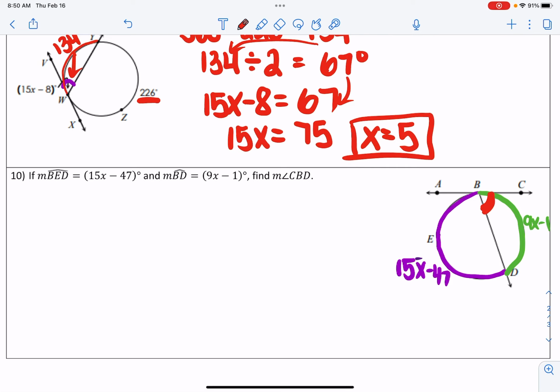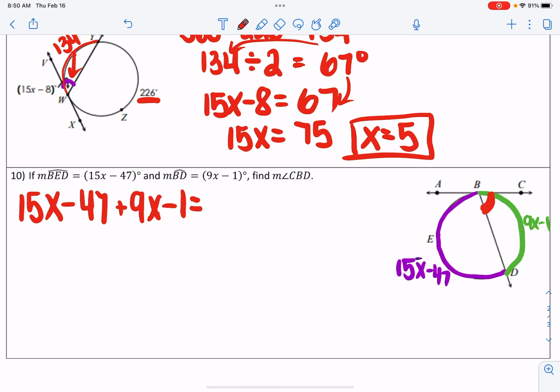Okay, so here's where we go from there. Obviously we need to solve for x somehow. So looking at this picture, I have that entire circle that's labeled. An entire circle is going to add to 360. So in order to solve for x, I'm going to add up those 2 parts that I was given and set it equal to 360. And so you're going to combine like terms.